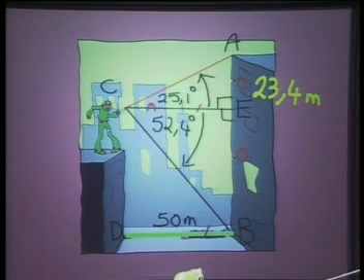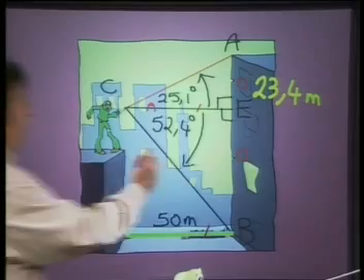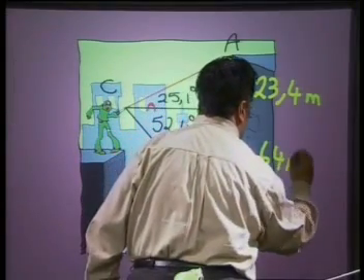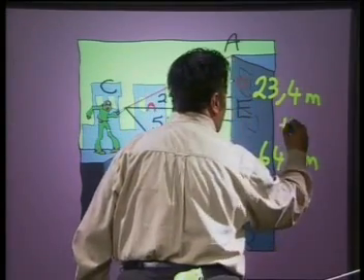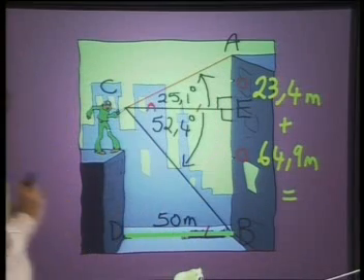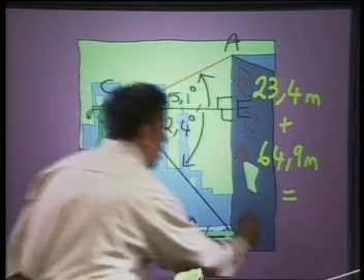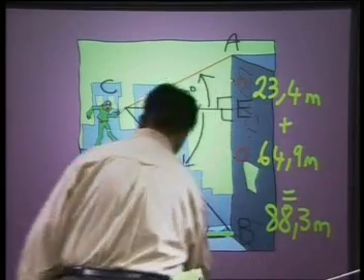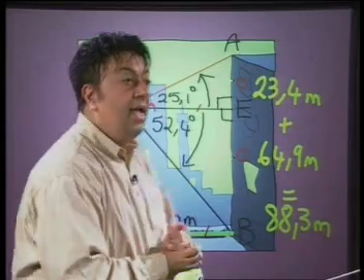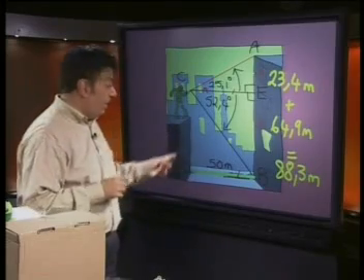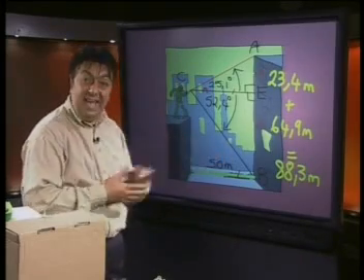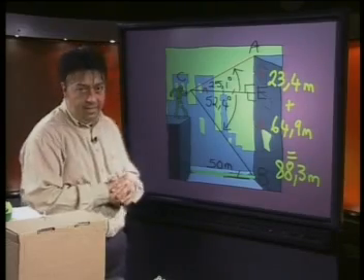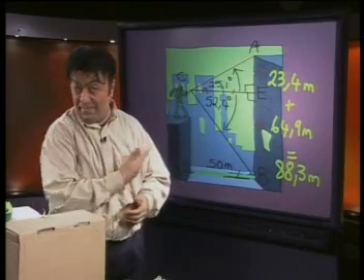We also know the length of EB to be 64,9 meters, and we are going to add those two lengths together and get a total of 88,3 meters. The tangent fell a very far distance, 88,3 meters. I doubt he'll be able to climb back up the building.